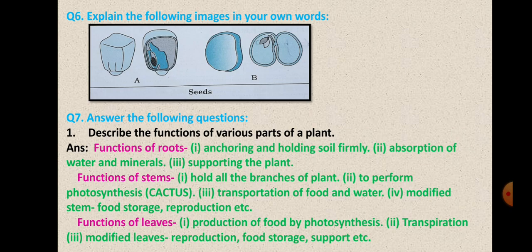Third is some leaves are modified and some store the food. Some give support to the plant and some help in the process of reproduction, like bryophyllum we had studied. Okay, so these answers you can pause and you can write. First one is directly given in the workbook. Second and third you can write down from the slide.